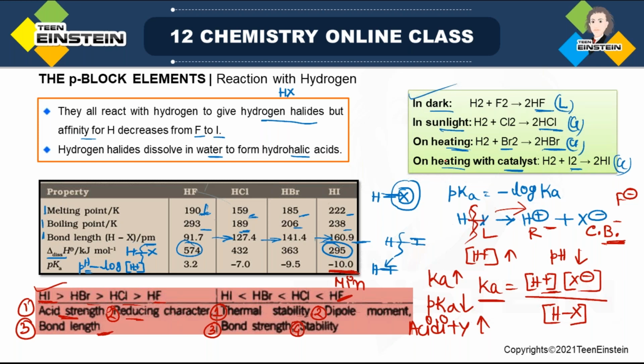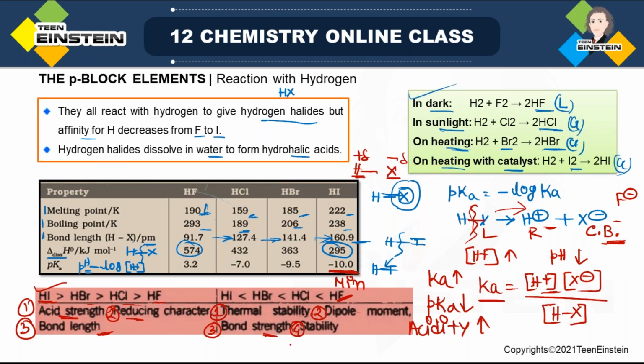Now dipole moment, how do we understand it? It depends on the electronegativity difference between H and X. The higher it is, the higher the polarity, and the dipole moment will also be very high. The most electronegative element is fluorine. So in the case of HF, the electronegativity difference between H and halogen is maximum, so dipole moment is maximum for HF.